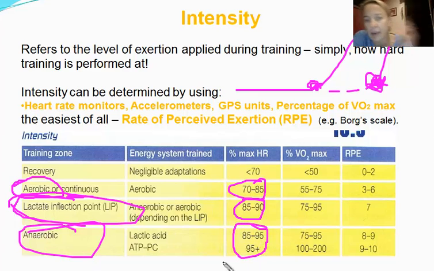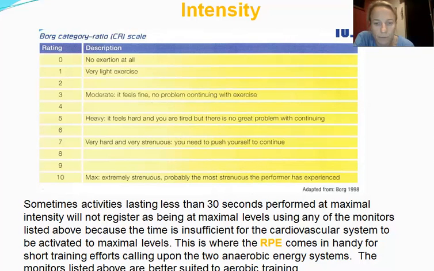This table says 85 and above, but I would stick to more about 90% and above, because your LIP can be anywhere between 85 and 90 depending on the athlete. So those are the percentage of heart rate max intensities for these three training zones.